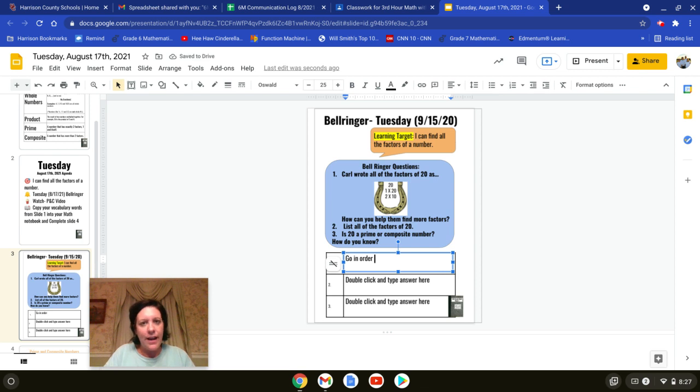But 3 is not a factor of 20, because when we divide that out using this calculator here on our Chromebook at the bottom, we can see that it would give us a decimal, so it doesn't work. Then we check 4. Go in order and check numbers until you run into yourself.